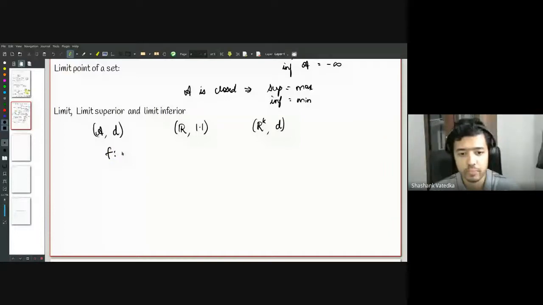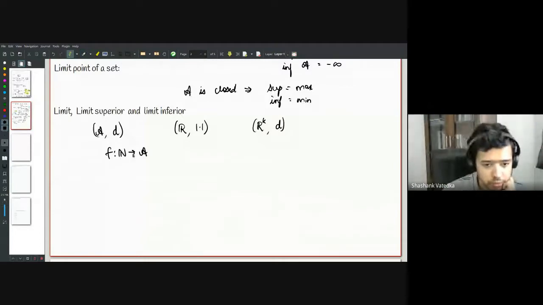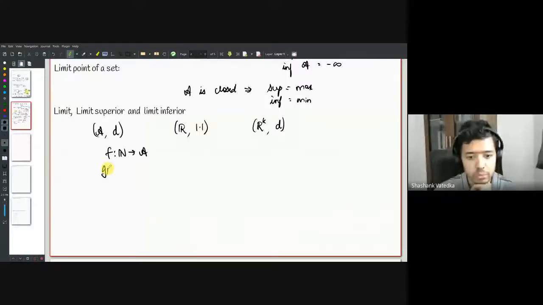so any sequence defined on this, so I'll use the following notation to define a sequence.